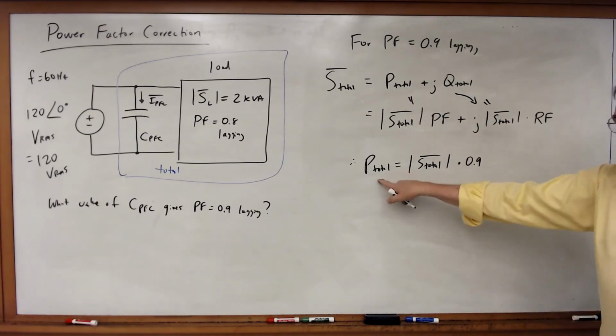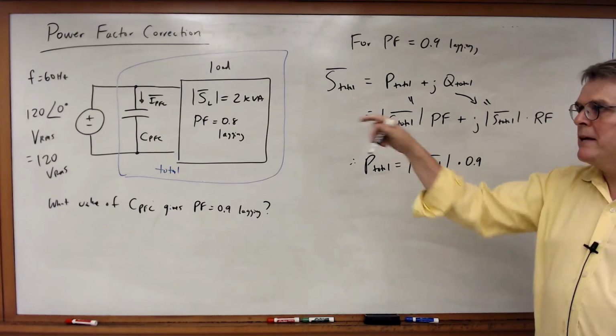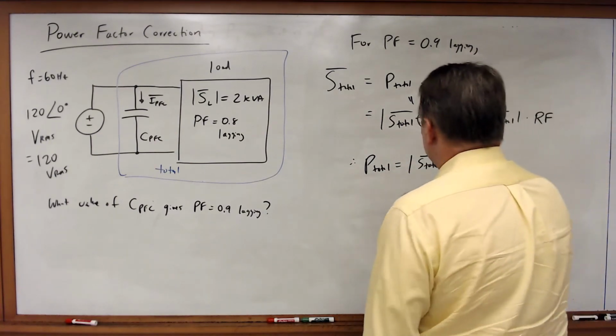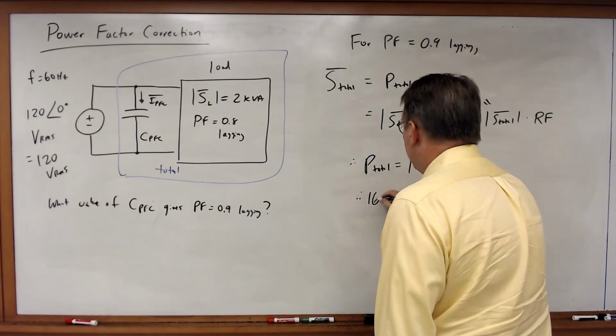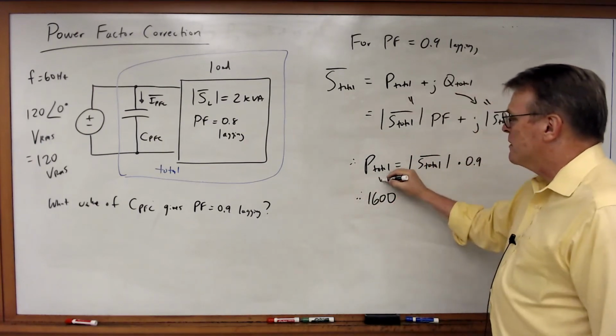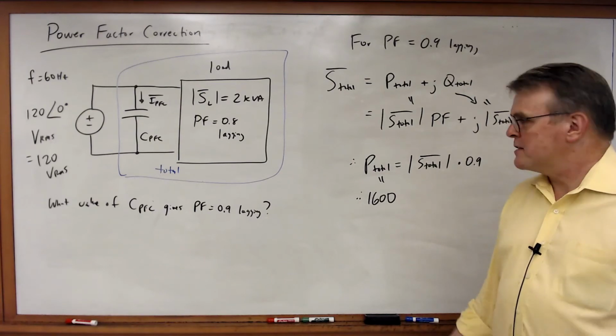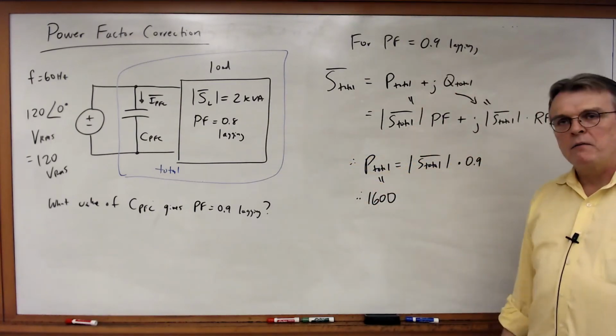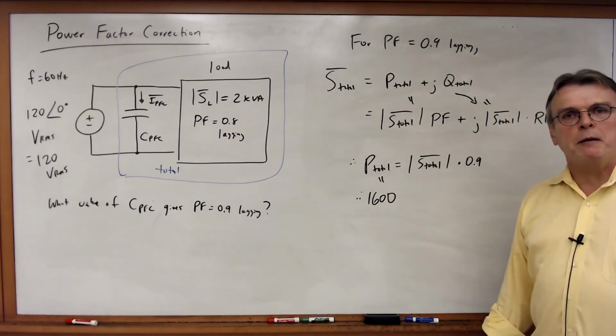Well, P total is the same as it was before. P total does not change. So what we have here is this is still equal to 1600 watts. That was the average power of the load. For the total system, it will still be the average power.